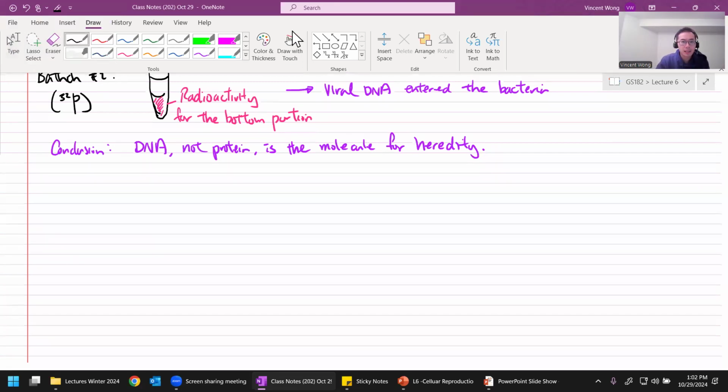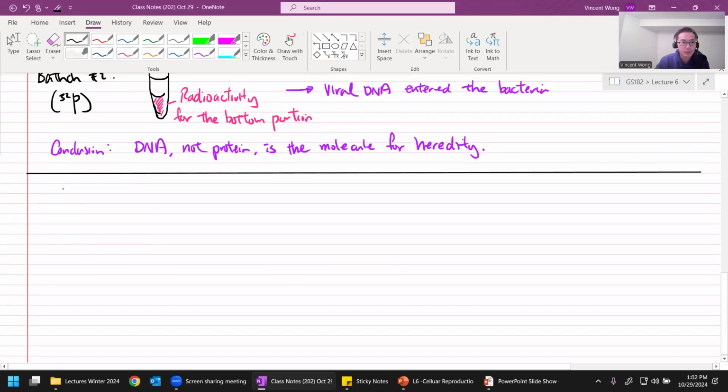Okay. So let's write down three models of DNA replication. Okay, you need two colors for this to make sense. I'm just going to make up some DNA strand.